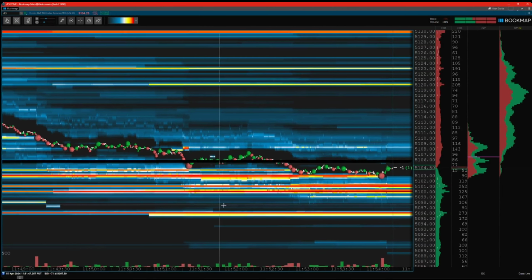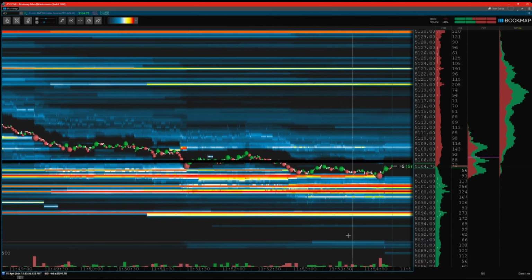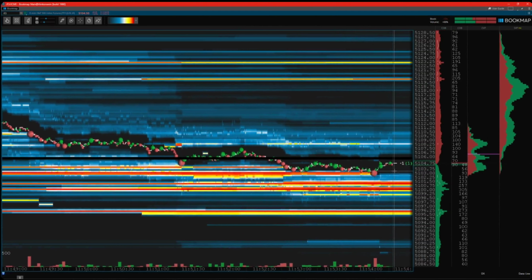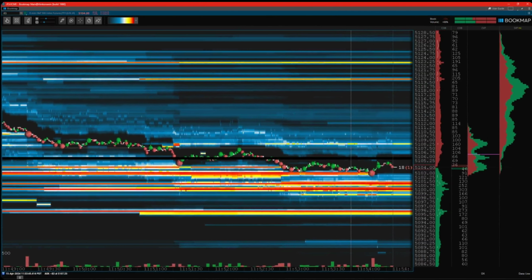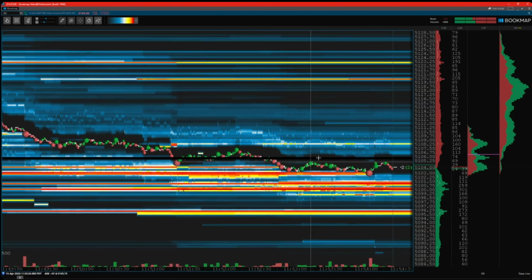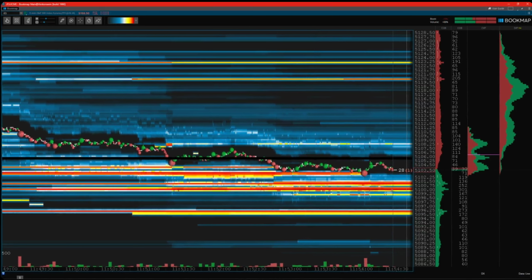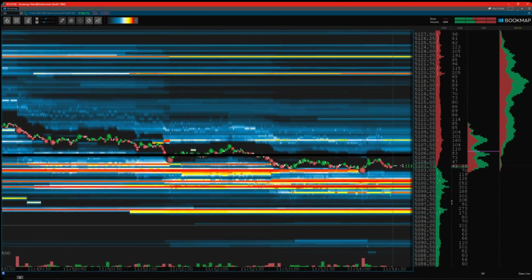So this can be interpreted in two ways depending on the type of trader you are. You can either be bearish and see this as a key level that needs to get taken out before we continue lower.